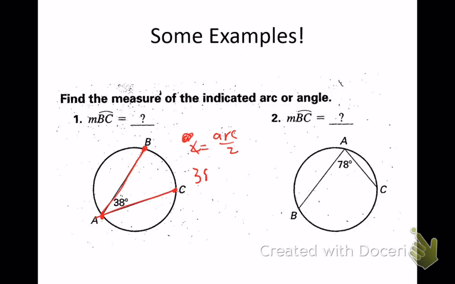The angle is 38 degrees. We want to find the arc. So simply multiply both sides by 2. Okay? So the arc is 76 degrees. And the same thought process works for arc BC here. We're just going to multiply 78 times 2 and get 156, and that's going to be the measure of this arc. Okay?